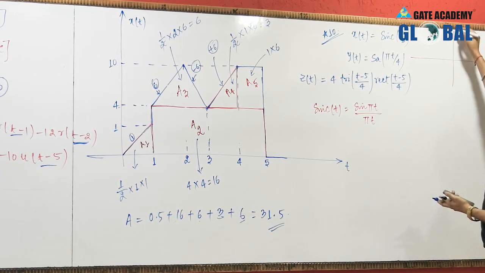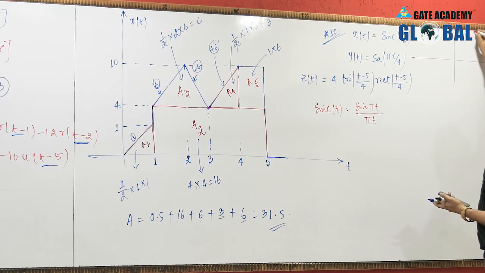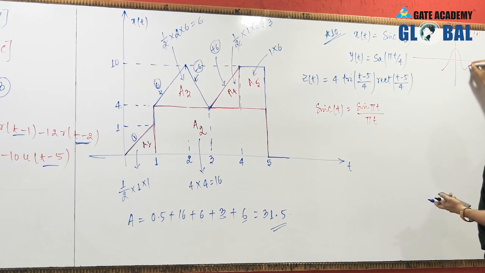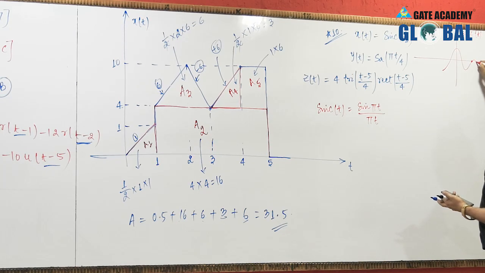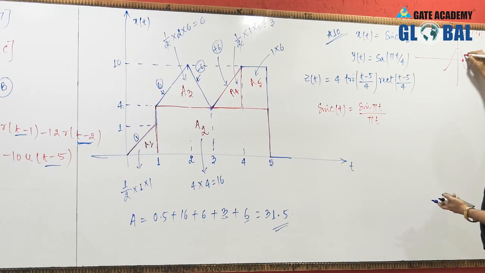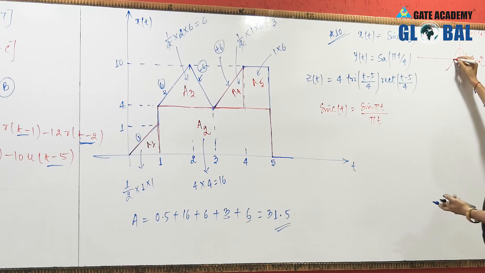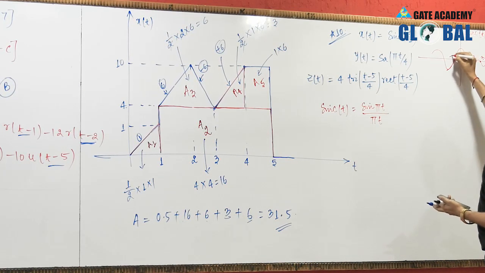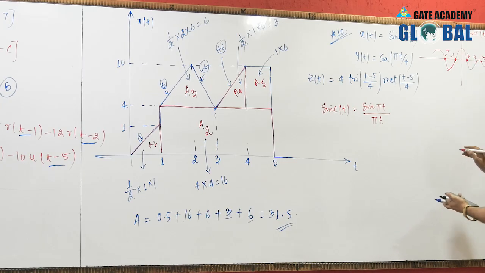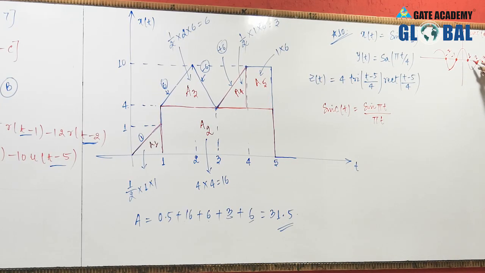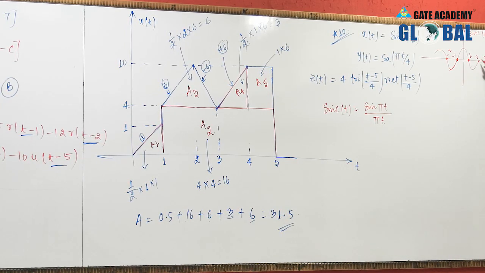So if you draw sinc of t, the function is crossing 0 at integer values, that is 1, 2, 3, 4 and so on, and also minus 1, minus 2 and so on.